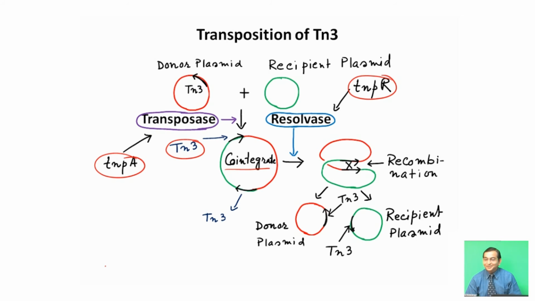After recombination, it resolves into a donor plasmid and a recipient plasmid, each carrying a Tn3 element. So there is a transposition of Tn3 by the formation of a co-integrate. It is also called replicative transposition.